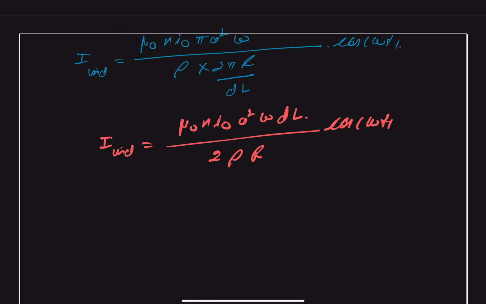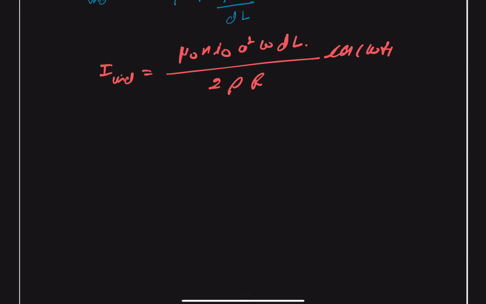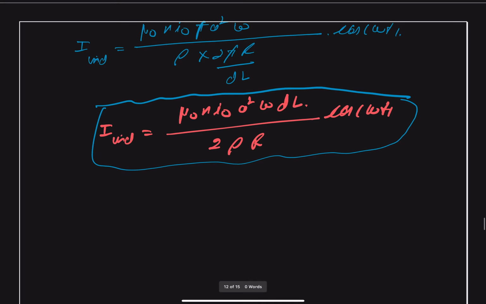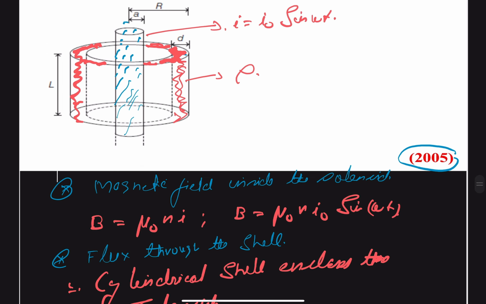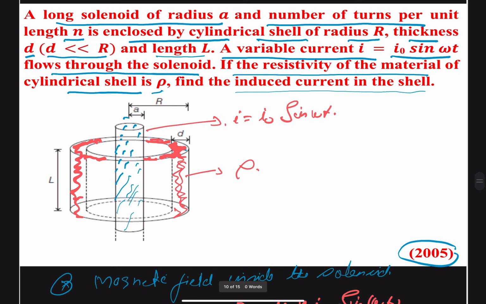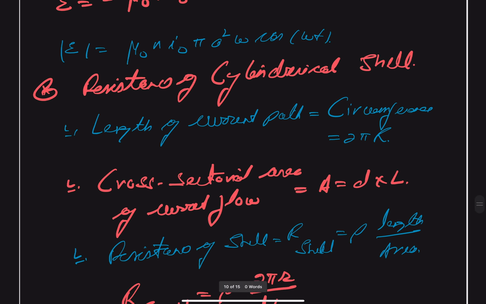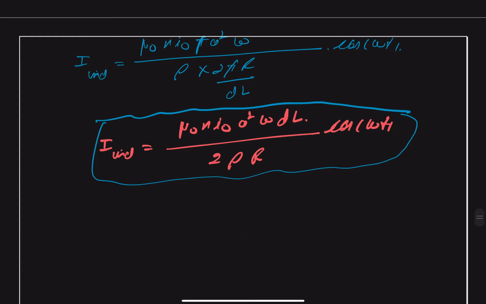And here pi and pi cancel out, and the rest remains the same. So this was the induced current which was asked: find the induced current in the shell. So these were the 3 questions, and these complete all the 3 questions. Thank you.